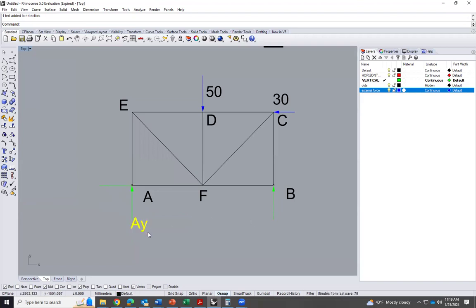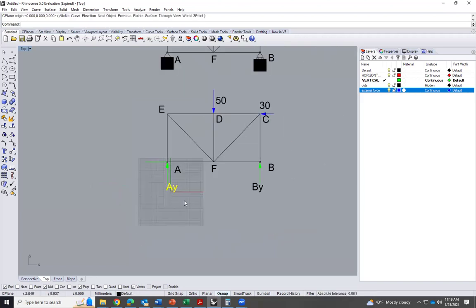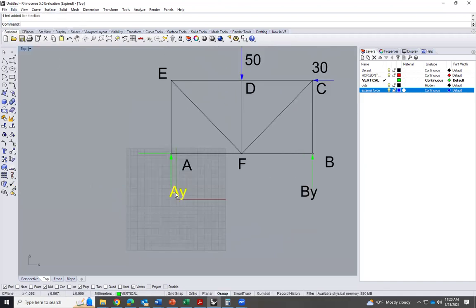And what about this one? This is at point B. It's vertical, so I'm going to call it B, Y. And now we have to name this one. It's at point A, so that will be A, and since it's horizontal, I will name it X. That will be AX.